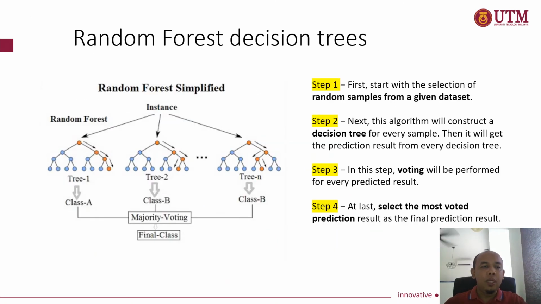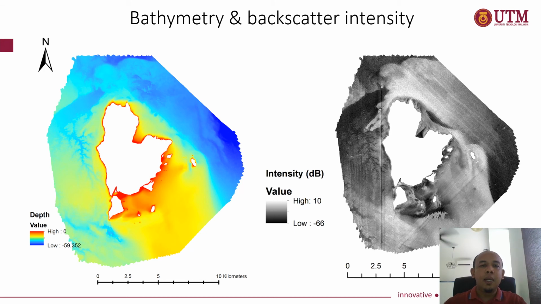And in this study, we use the random forest decision tree. I think we are all aware of this, one of the non-parametric methods to train and predict the outcomes of the data. From the multibeam echosounder data, from the acoustic sound data, we have the main data, which is the depth, or the bathymetry of the area, from 0 to almost 60 meters of depth.